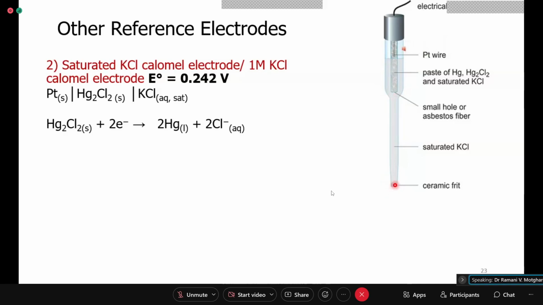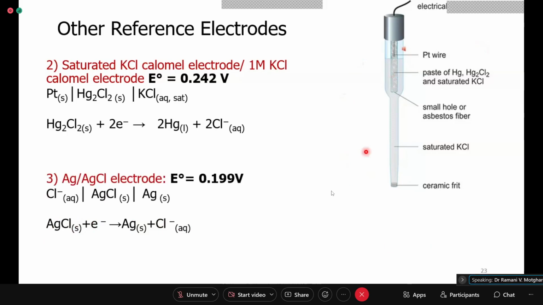A frit is something like a salt bridge. So you can simply put this calomel electrode directly into the beaker in which your analyte solution is taken, which you want to measure. Then the indicator electrode will be there. So one indicator electrode, one reference electrode, and the potential of the indicator electrode will be measured.